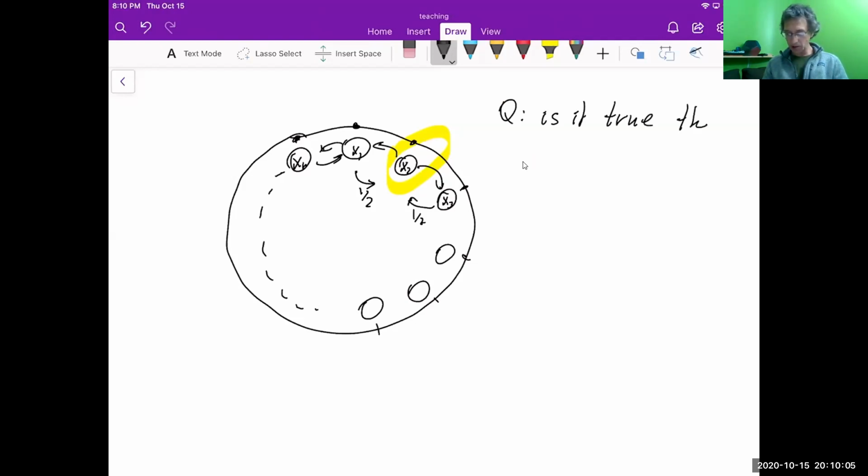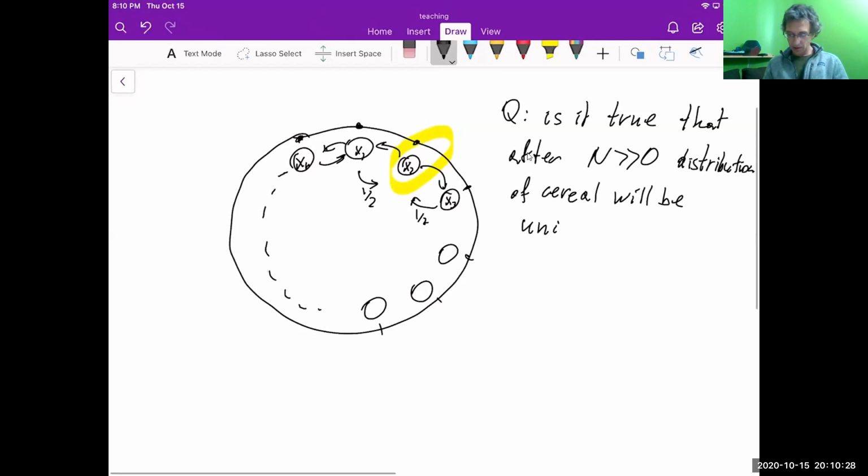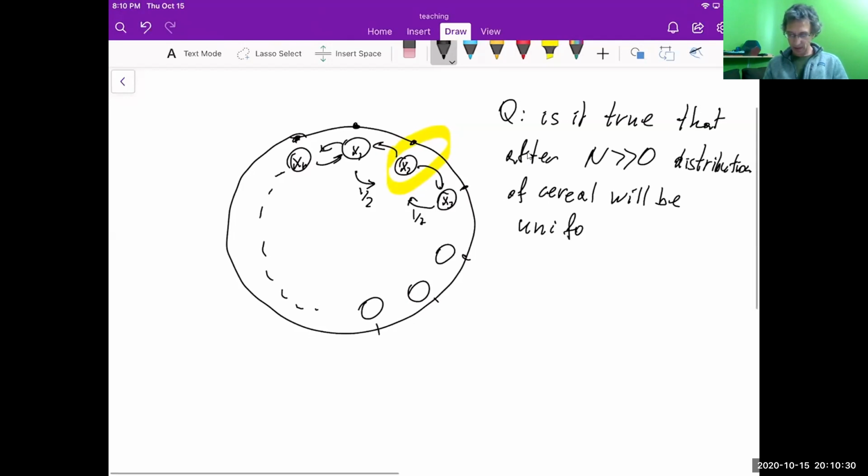Is it true that after sufficiently many times, the distribution of cereal will be about equal? It will be uniform. In other words, all amounts will be approximately equal.